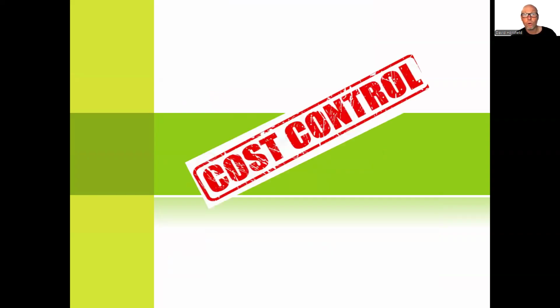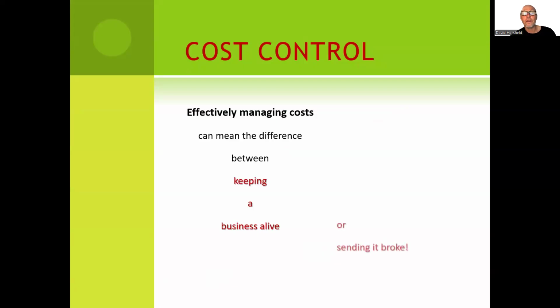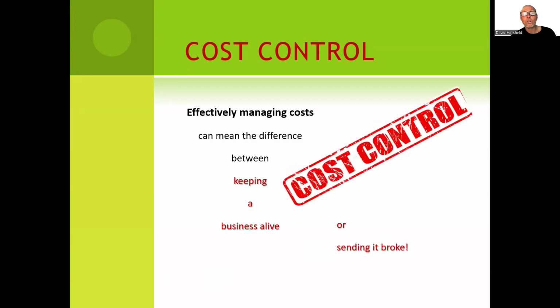We were talking about prime costs because we're talking about controlling costs. A little sidebar in our journey, when we're talking about revenue and profit, and expenses and costs. Cost control, effectively managing costs, can mean the difference between keeping a business alive or sending it broke. And it's called cost control because somebody's got to be in control. Somebody's got to be holding onto the rope.